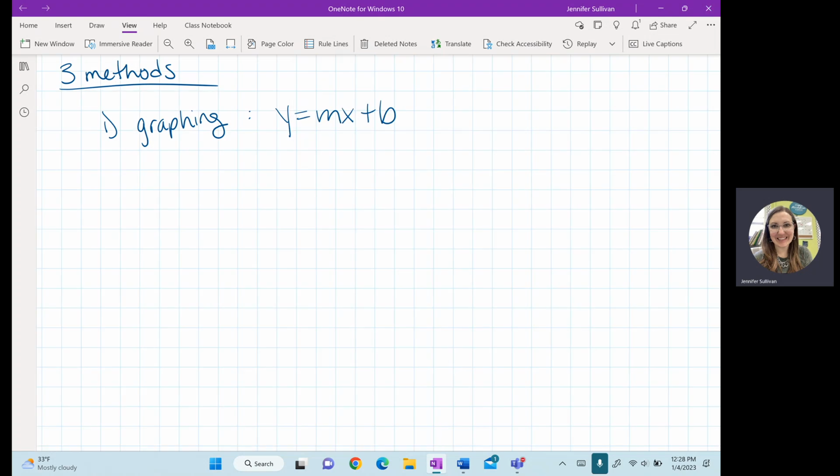I'm going to get my graph paper lines here on my screen because everything else for the rest of today is by graphing. So let's talk about this first example.